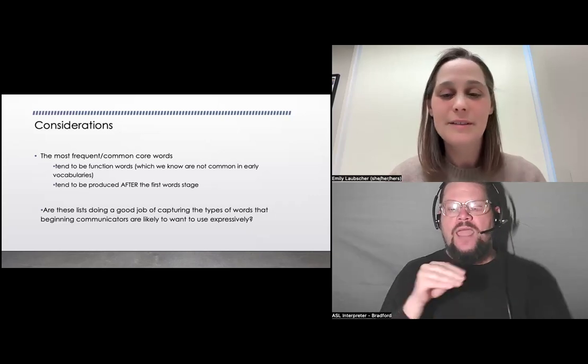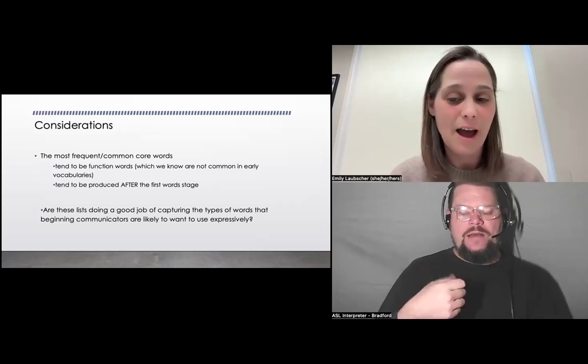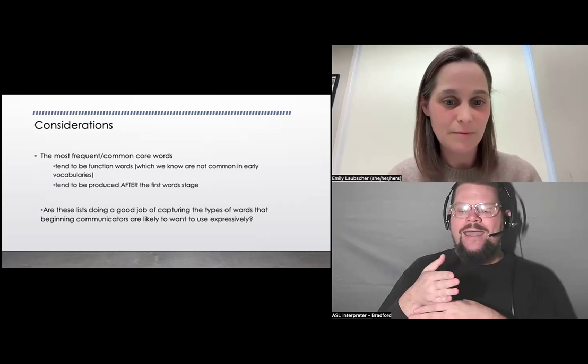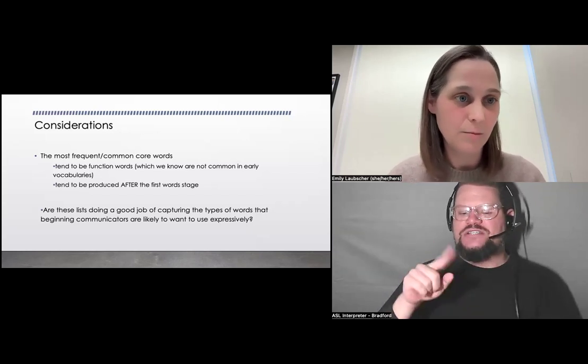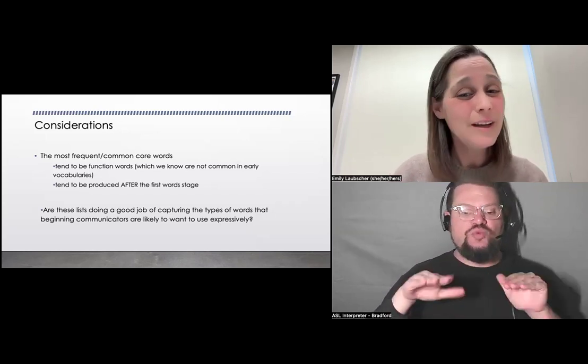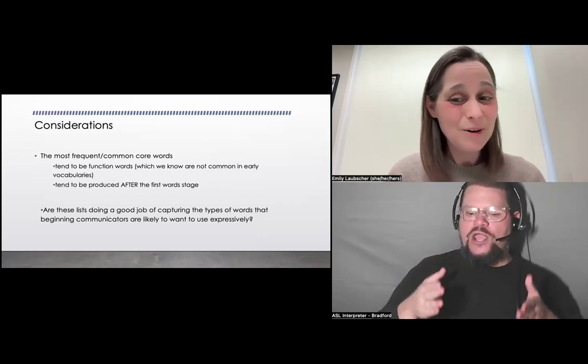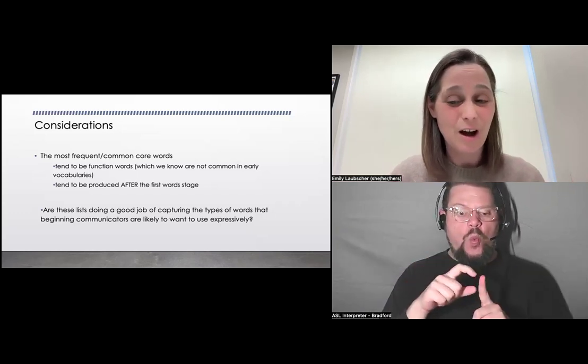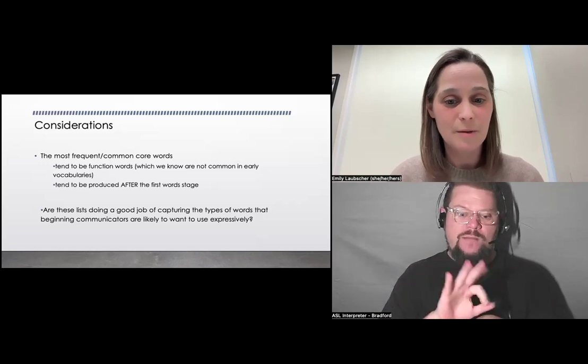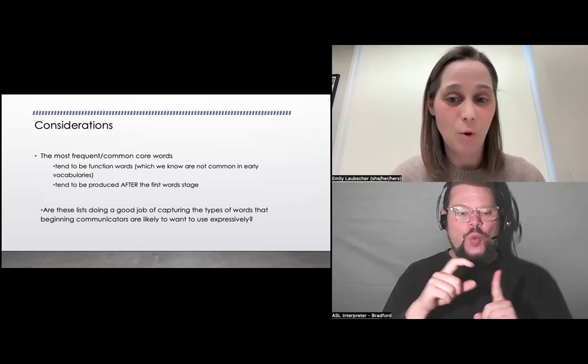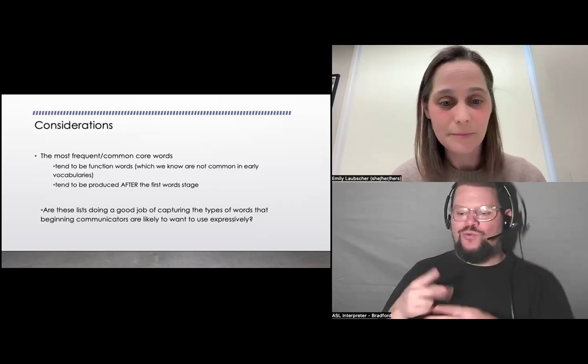And these words tend to be produced starting after the first word stage, once children are no longer beginning communicators. So it seems like perhaps these core word lists are not doing a great job of capturing the types of words that beginning communicators are likely to want to use expressively.